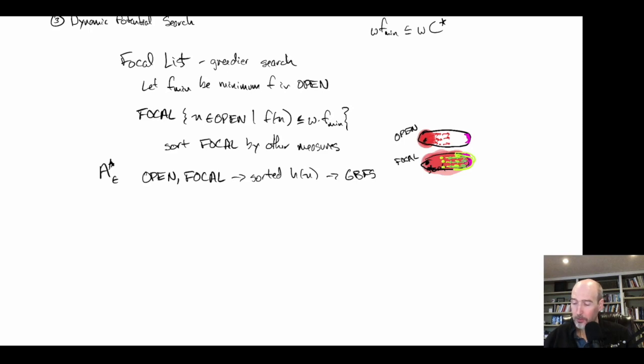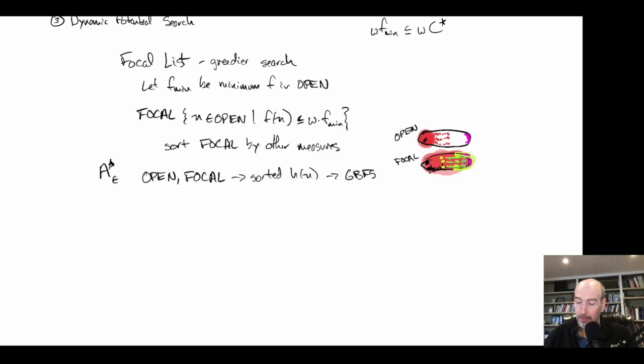In particular, we're pushing all the way until we find very suboptimal solutions, or states that we are very far from being able to prove are within the suboptimality bound. And so that's going to get a little bit expensive. So A star epsilon was a really nice idea that introduced the idea of a focal list, but has not been a particularly successful algorithm.